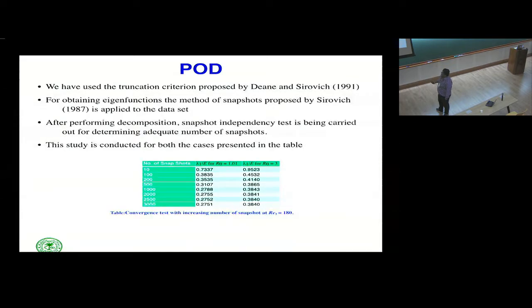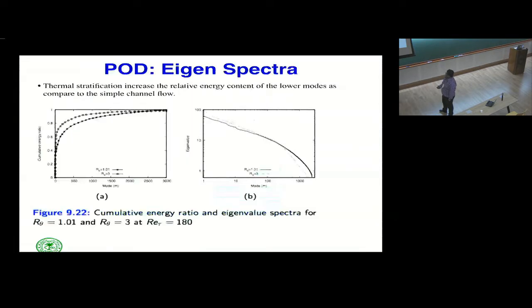This is the convergence part. But for RE theta 3, it's slightly lesser, around 1,500 snaps, at which the flow converged. So we can take 3,000 snaps.